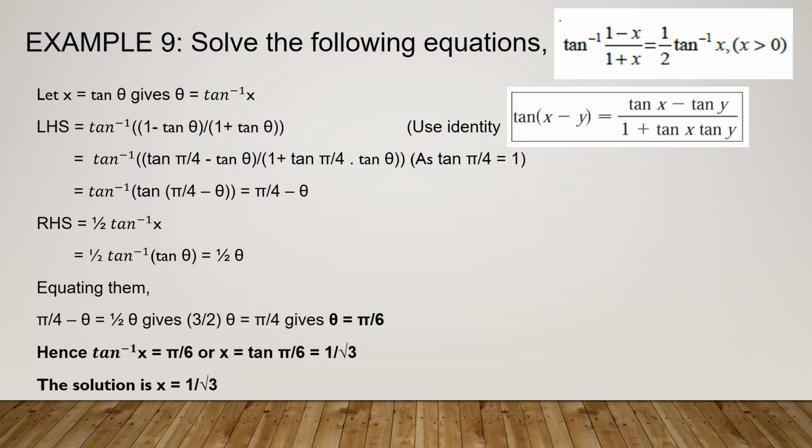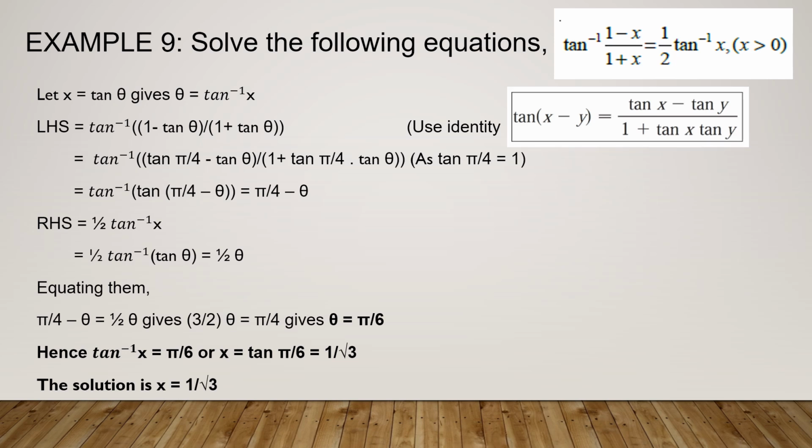Again, like in the previous examples, you know tan pi by 4 is 1. So instead of 1 put tan pi by 4 and then use the identity for the difference of two angles: tan of x minus y is tan x minus tan y upon 1 plus tan x into tan y. So the left hand side will become tan inverse of tan of pi by 4 minus theta, which is equal to pi by 4 minus theta.